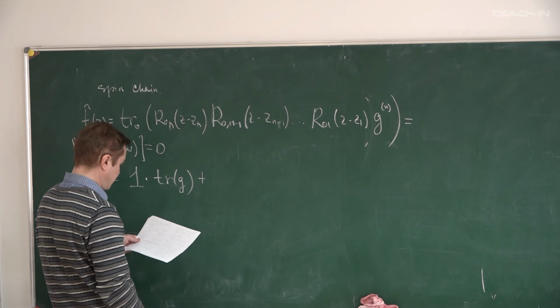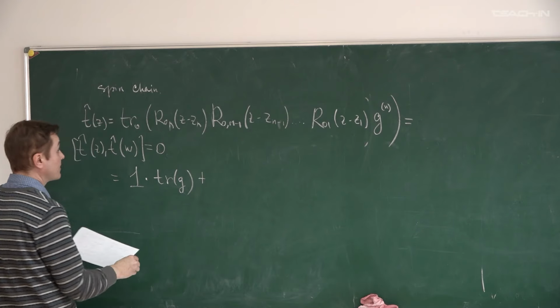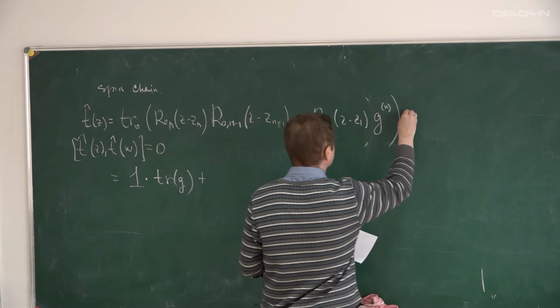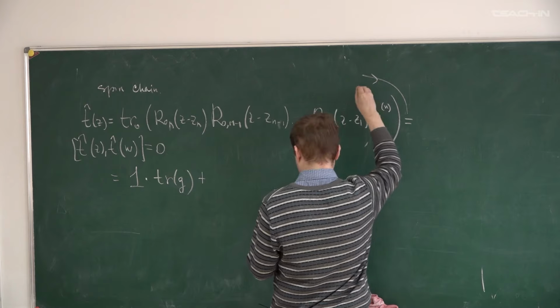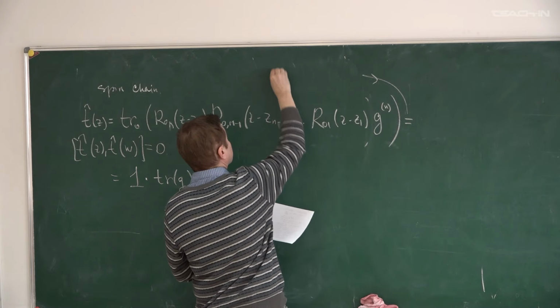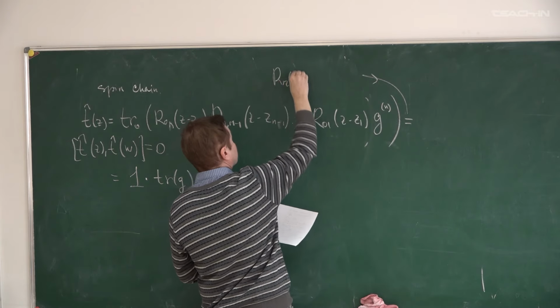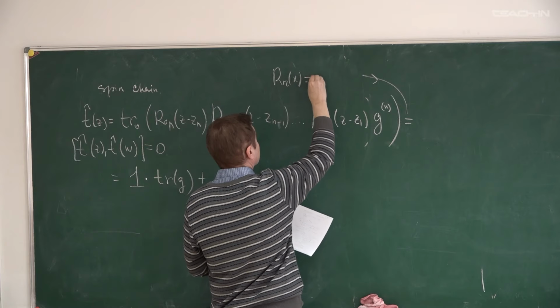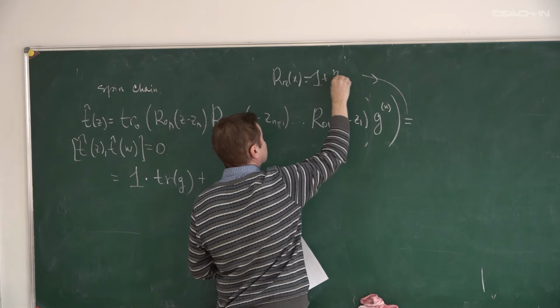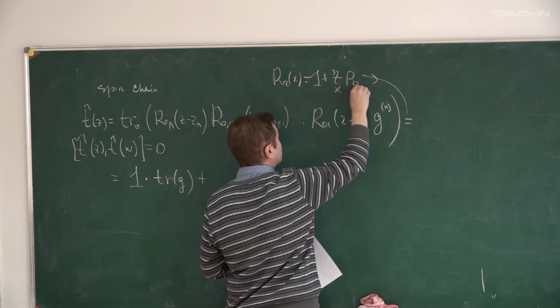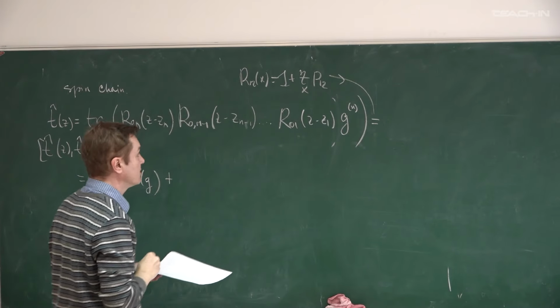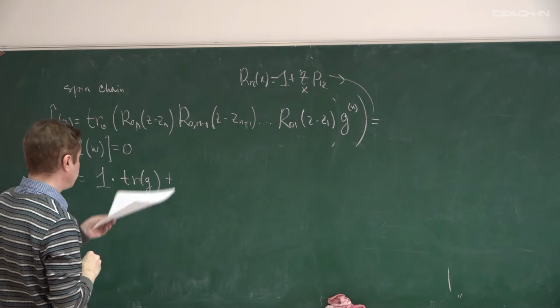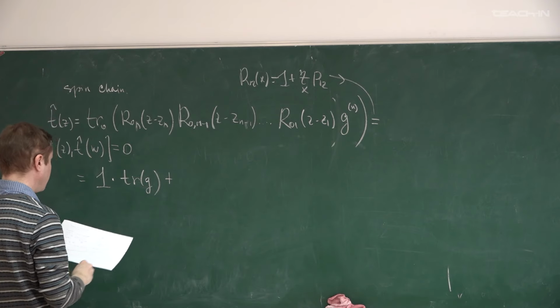So, in the concrete case when the R matrix is of the following form, R12 of x is equal to 1 plus eta divided by x P12, in this rational case with this Yang's R matrix, we obtain the following expression.